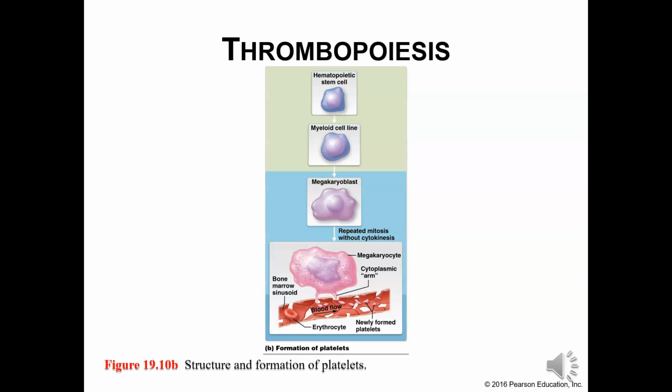So you get this large megakaryocyte with little cytoplasmic arms that come out, and then they pinch out through the sinusoidal capillaries and break off when they get into the bone marrow sinusoids. Then they become platelets. So that's how thrombopoiesis occurs, or formation of platelets.